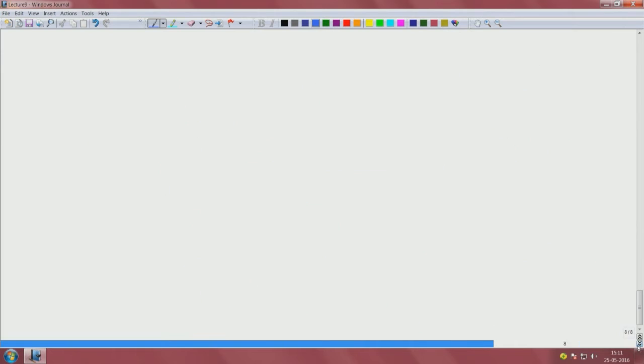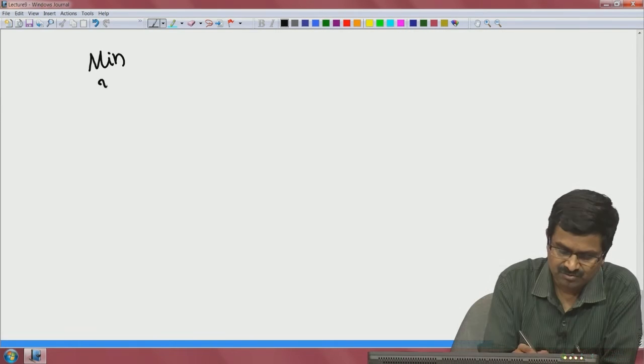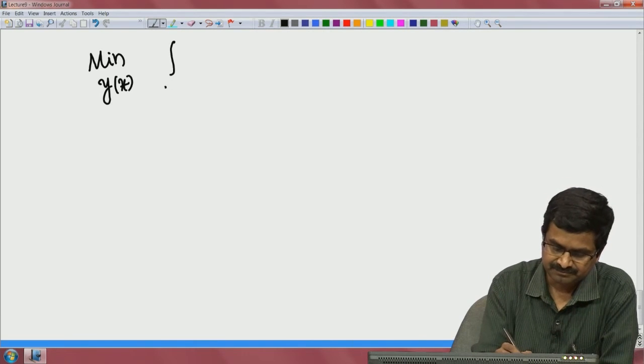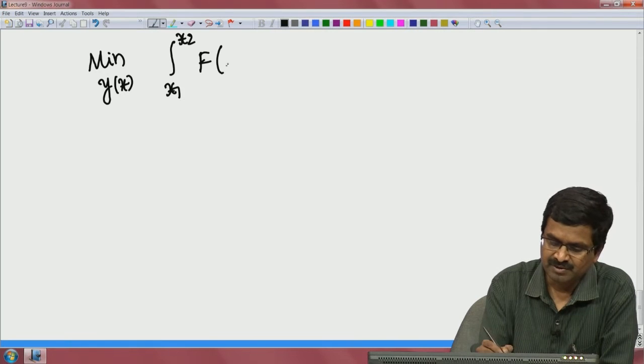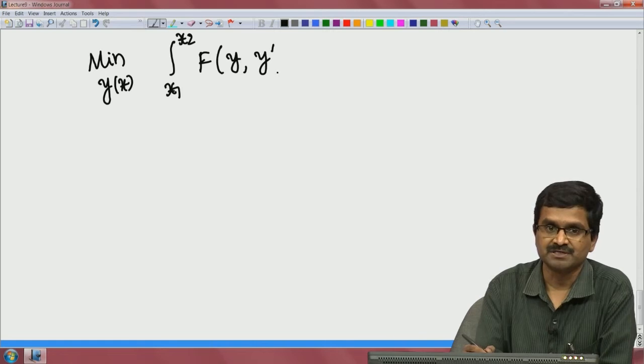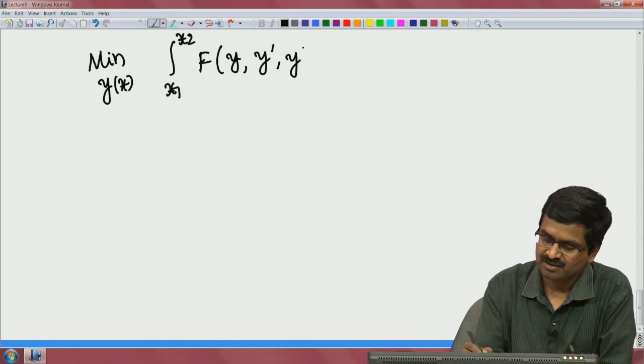So, let us consider the next problem where we minimize again with respect to an unknown function y of x, but this time we will take f to be dependent on y', that is the first derivative, as well as y''.